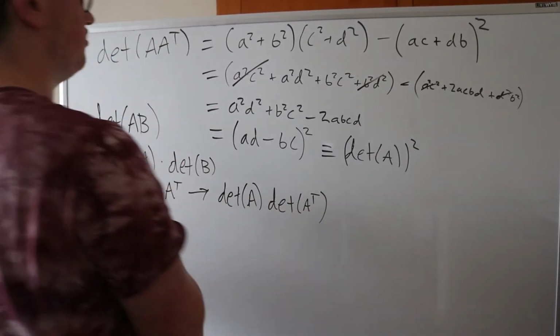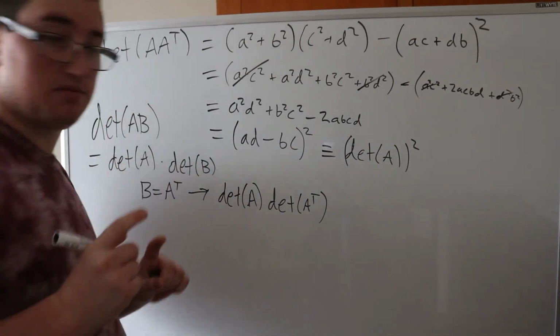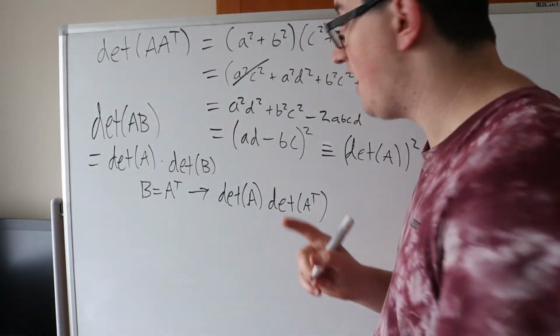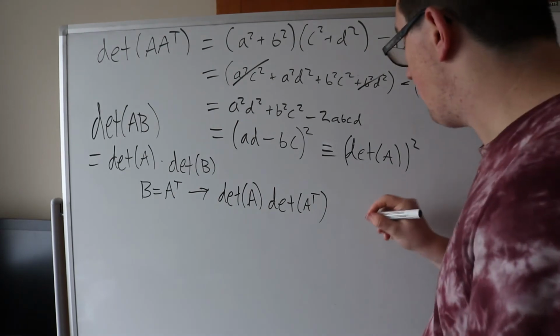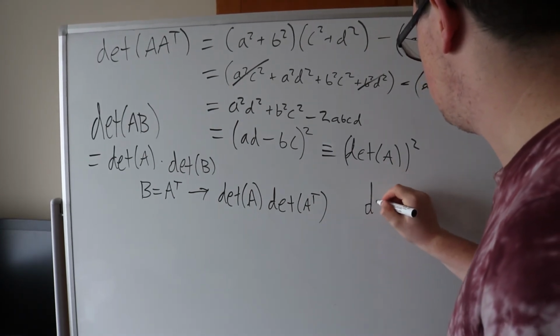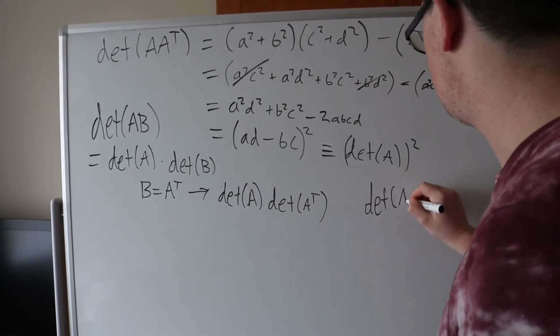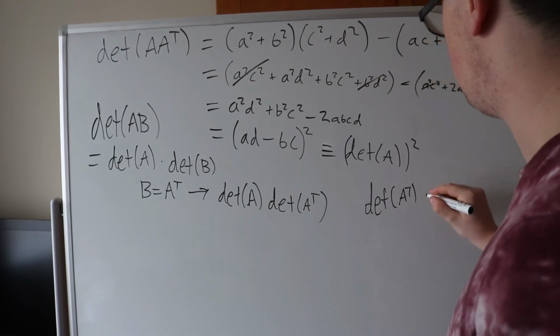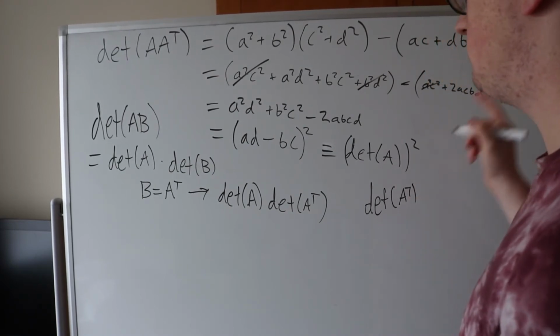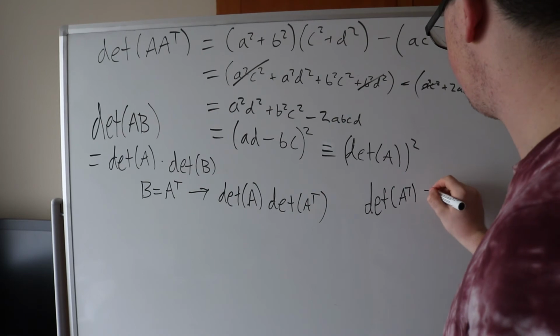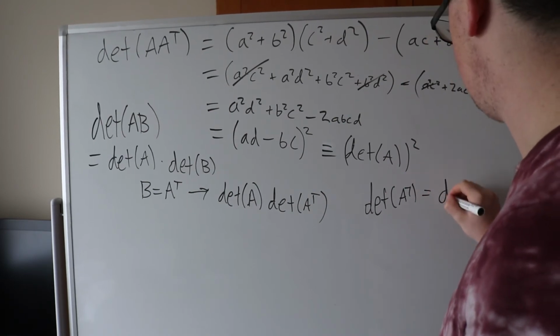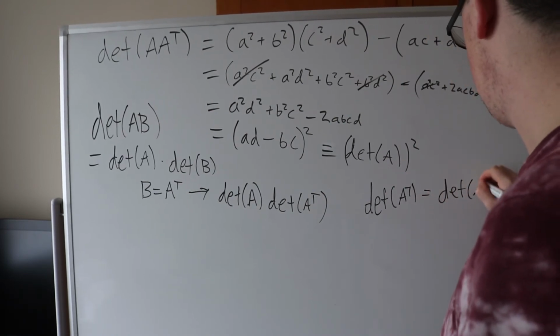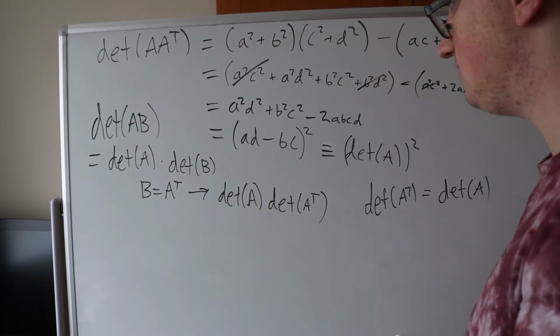And if we were to find the determinant of A transpose, in fact, let's show that. So the det of A transpose, where A transpose was nothing but the transpose of A, we would find that that is actually equal to det of A, and we will prove that.